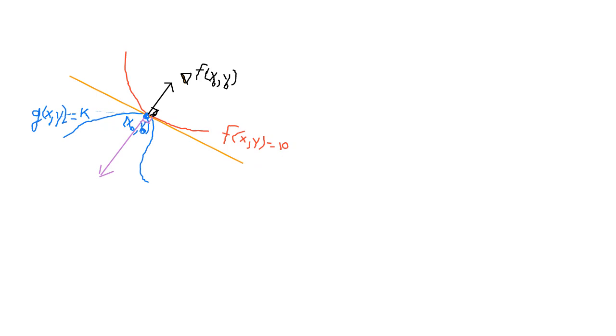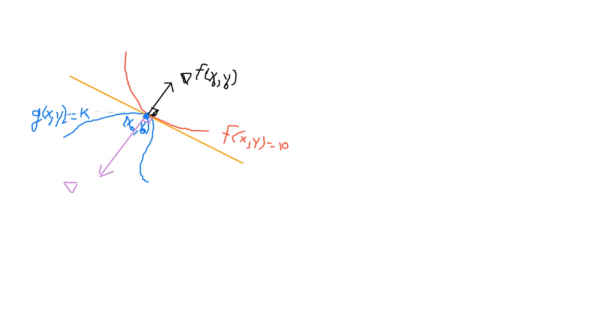I'll give you a hint. Well, Eric, good effort. It couldn't be negative the gradient because I drew the purple vector longer.